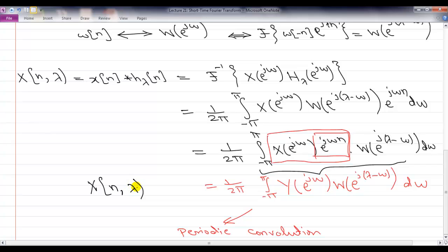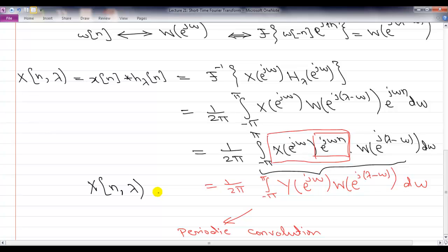I'm asking what happens to the resolution of my frequency in short-time Fourier transform as a function of the window. If you recall your spectral analysis using DFT, we went through this whole process where we described that when you do windowing for spectral analysis, you get a periodic convolution of your original Fourier transform with the Fourier transform of your window. This is exactly the same expression.